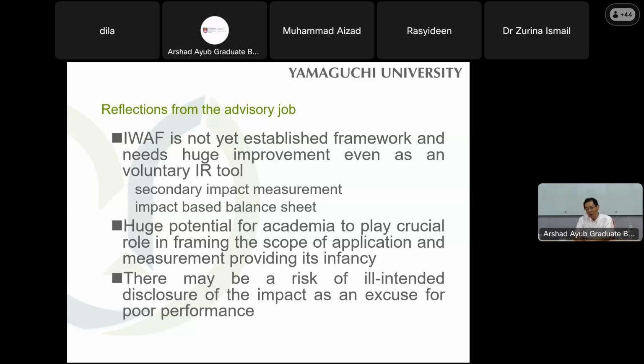So they have a problem proposing balance-sheet-style impact. So I am convinced there is huge potential for academia to play a crucial role in framing the scope of application of the measurement.